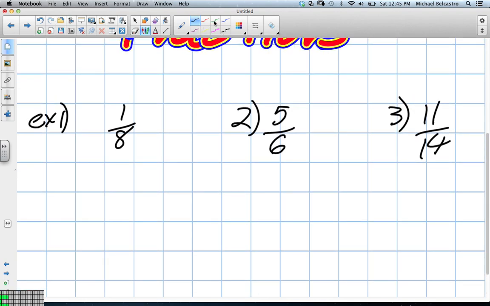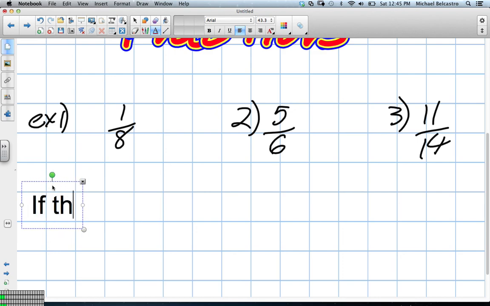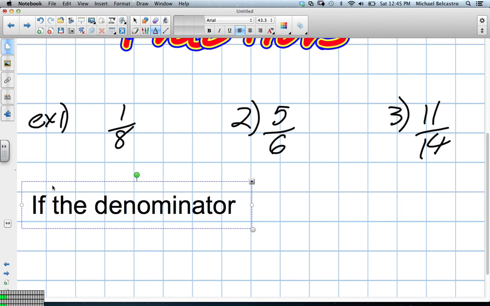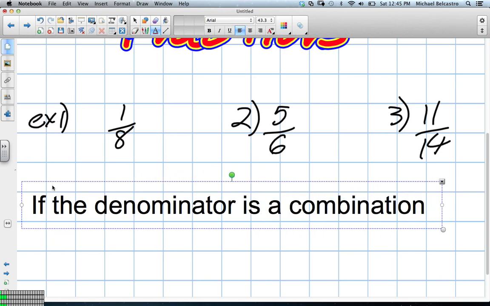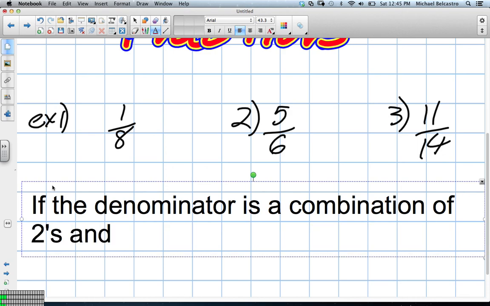If the denominator has only 2s or 5s as prime factors, or a combination of 2s and 5s, then the decimal will terminate.